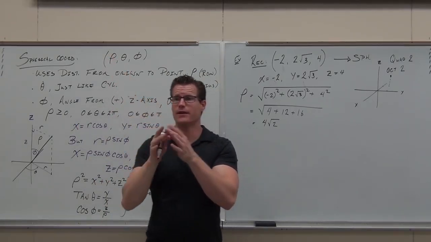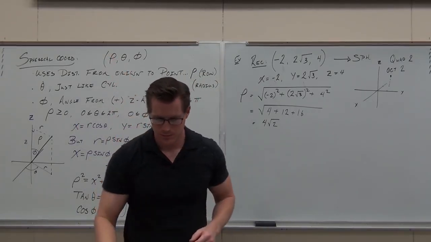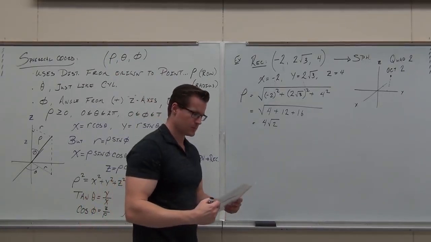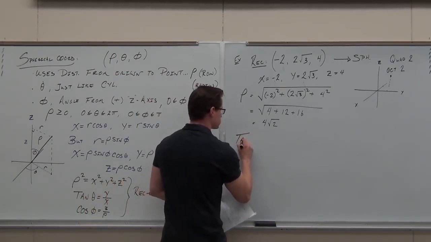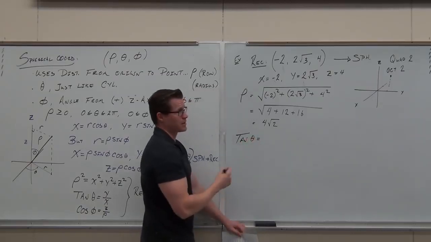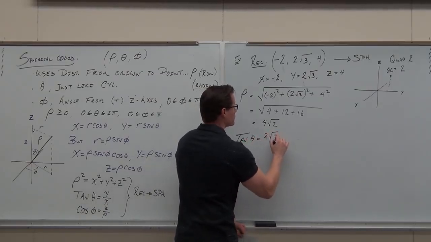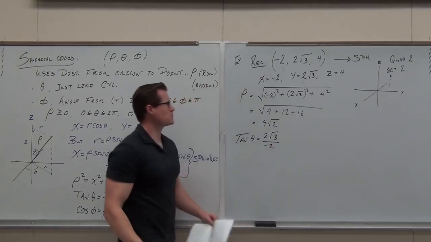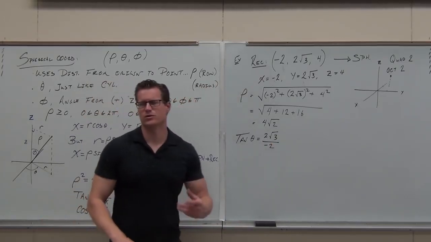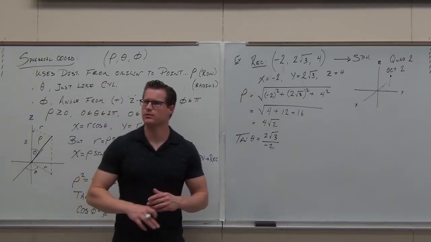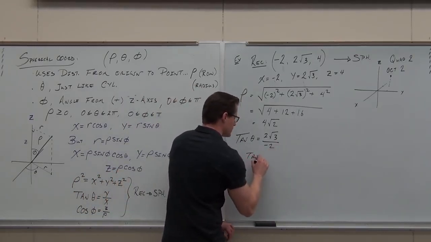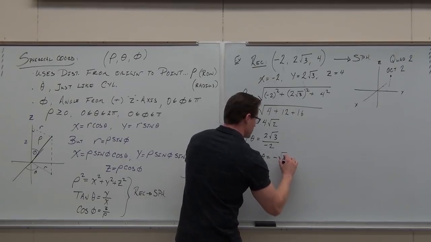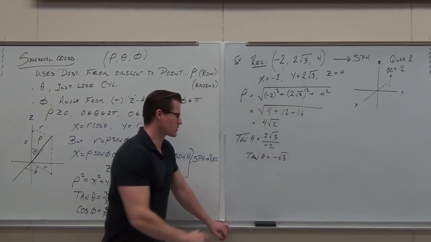Can we find our theta? Yes. How? Tan theta equals y over x. You're right. Y over x. Don't do x over y. Do y over x. Rise over run. So then tan theta equals negative square root of 3.